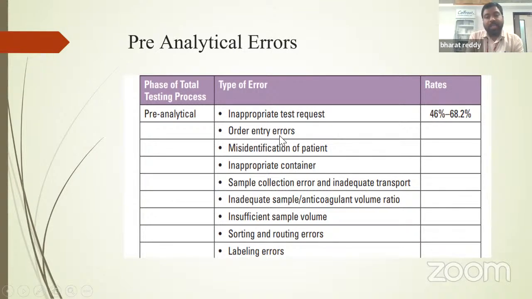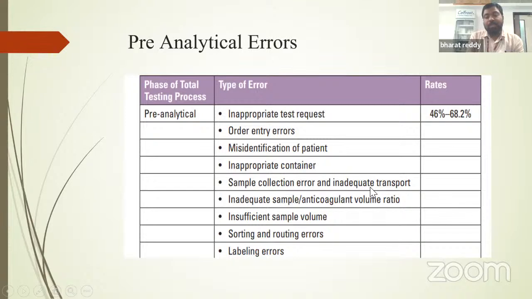Then order entry errors, misidentification of patient, and inappropriate container. This is commonly seen in routine life, where the samples are sent in different containers. Then sample collection error and inadequate transport.